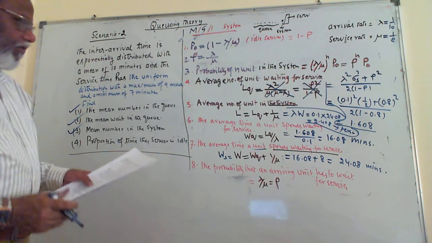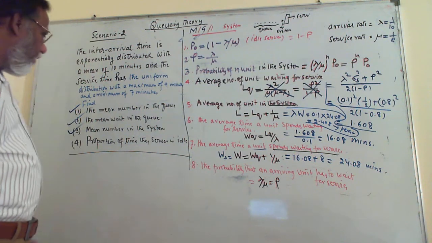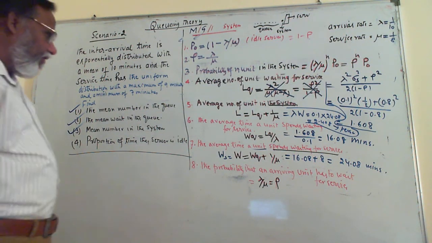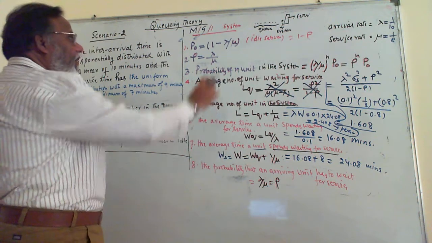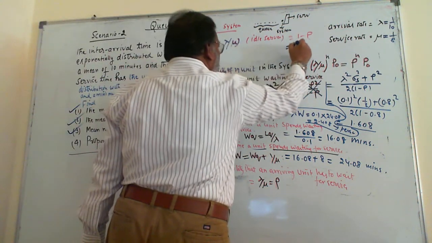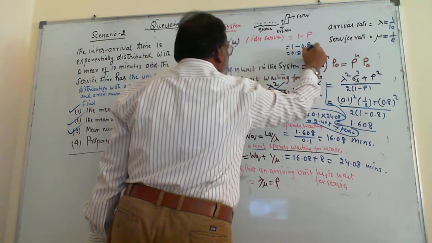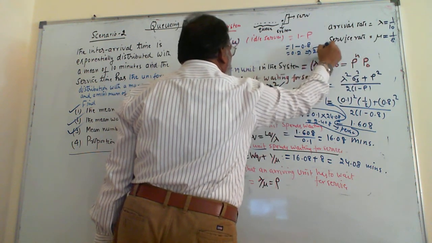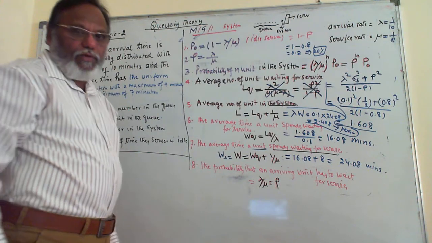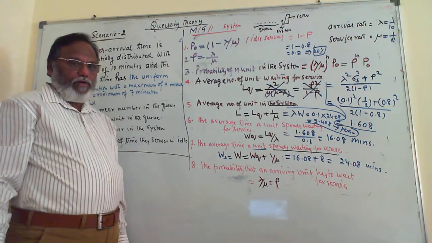So we have got all this information. Then we want the proportion of time the server is idle. It is 1 minus rho, which is 1 minus 0.8, equal to 0.2, which is 20%. When you say the proportion, we have to write it as a percentage.